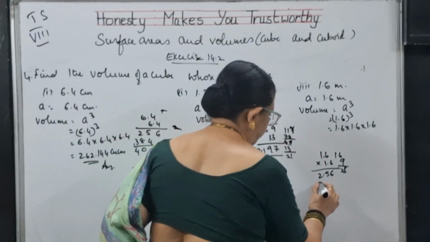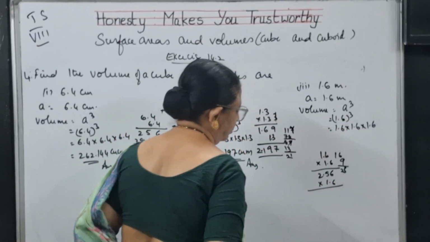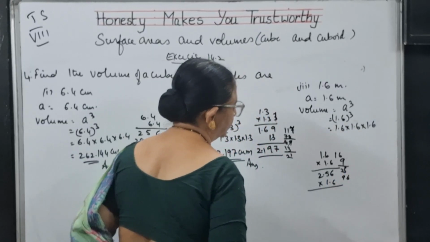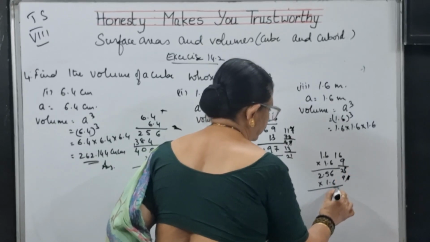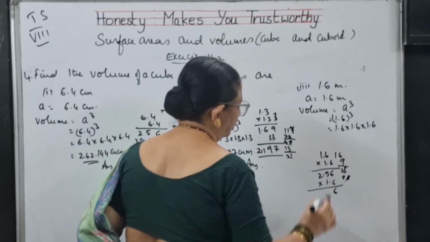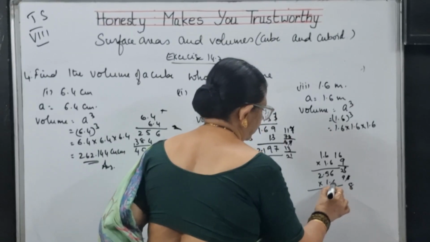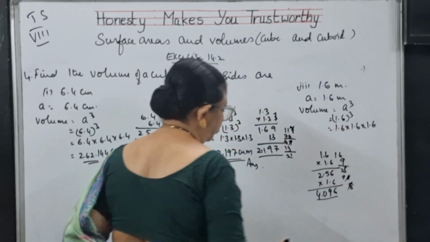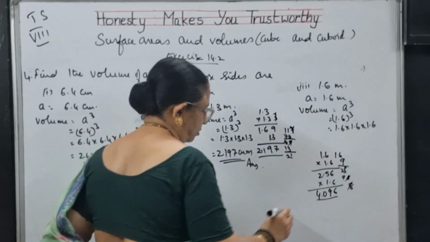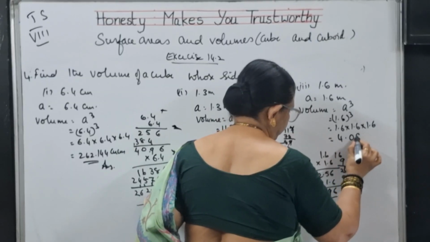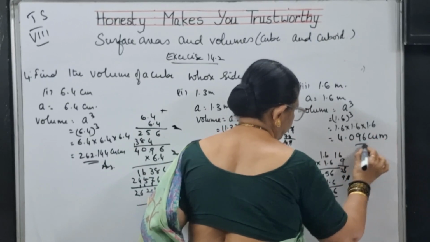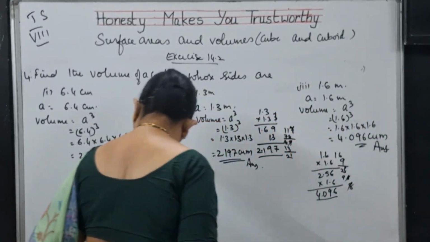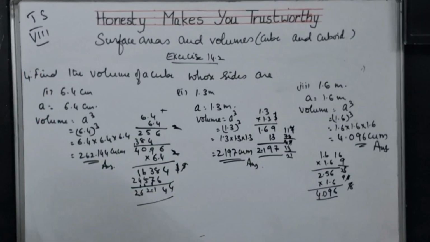This 2.56 is multiplied by 1.6 again. 16 sixes are 96, 16 fives are 80 plus 9 is 89, 16 twos are 32 plus 8 is 40. So 4.096 cubic meters is the answer for this problem, children. Please note it down.